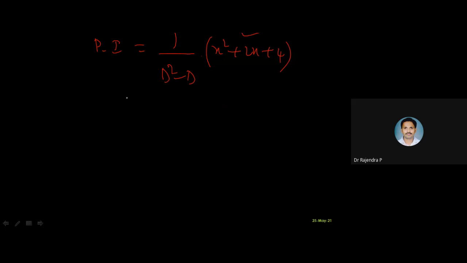What does the third case tell you? Taking D or minus D common? We need a positive 1, so taking minus D common we get 1 minus D square by D, into x square plus 2x plus 4.